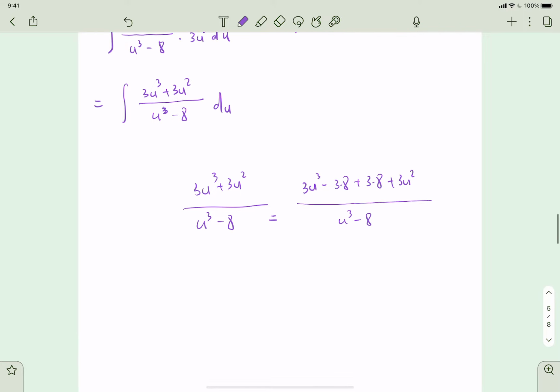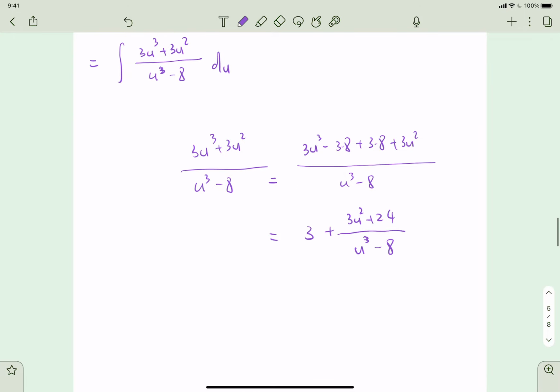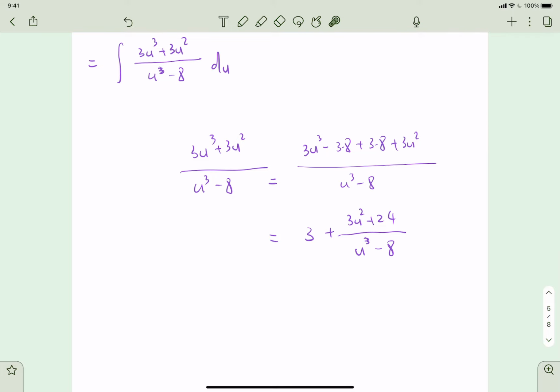And we're going to split this fraction into 2. So we have 3 here plus this, 3u squared plus 24 divided by u cubed minus 8. Okay, now we check the power again. The power has been reduced, so it's good to go.